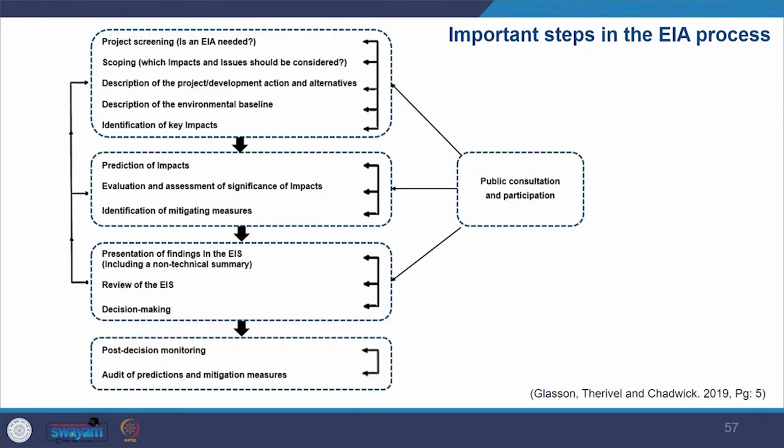It also helps in making meaningful assessments. So it makes sense to all the stakeholders, all the parties which are involved in or will be affected by the proposed development.